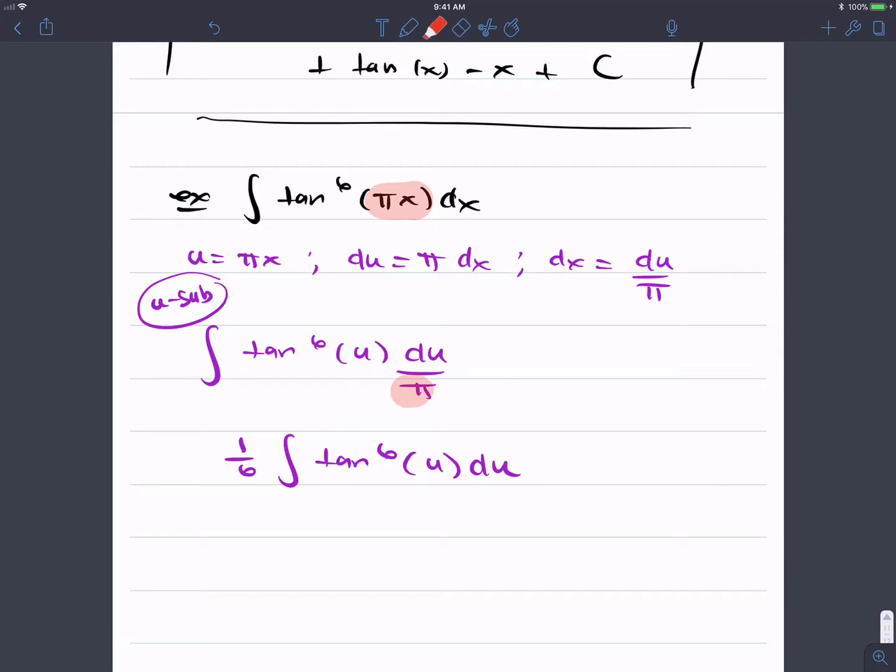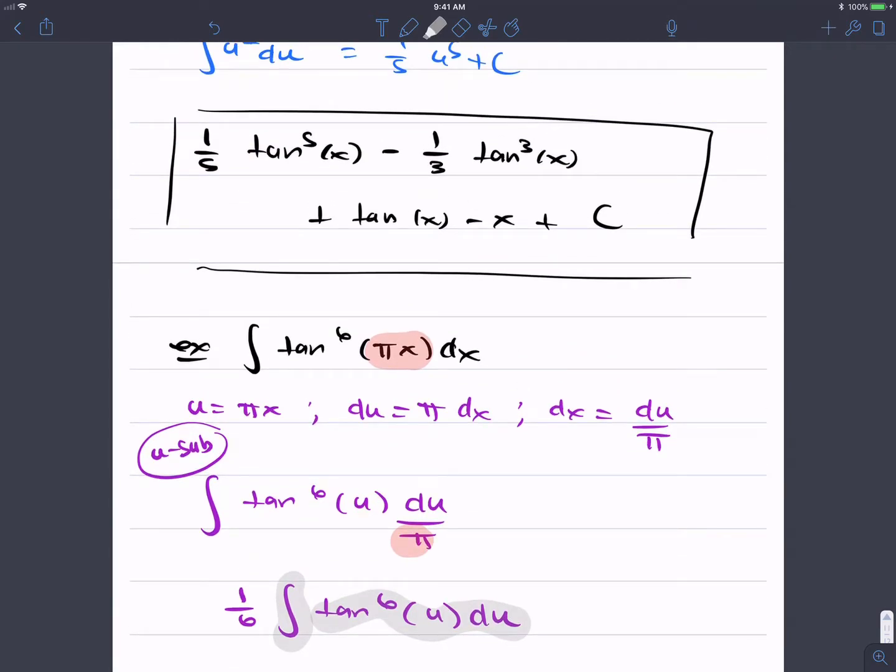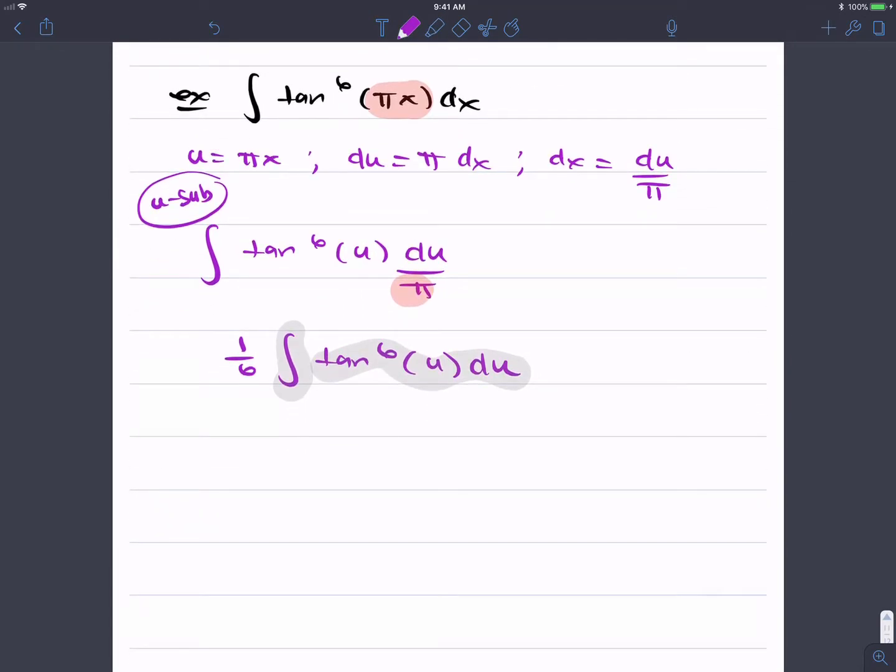Now, we know what this integral is. It is right up here. I know the variable here is x, we just change it to u. So let's do that. 1/5 tangent to the 5th power. So let's write everything down here.